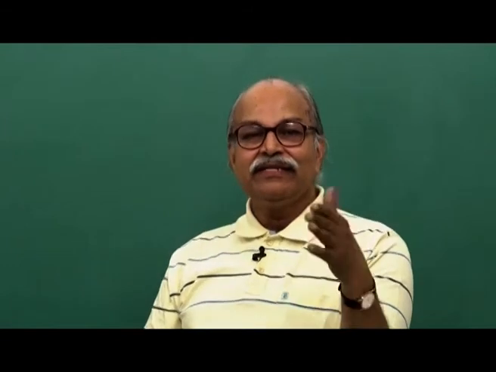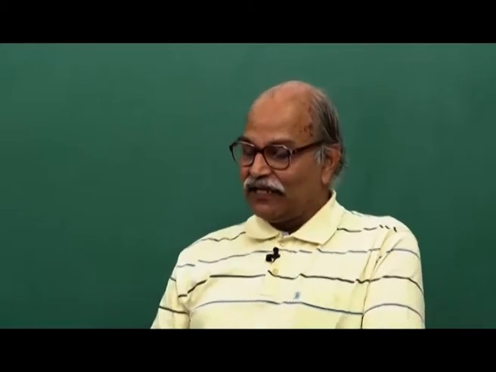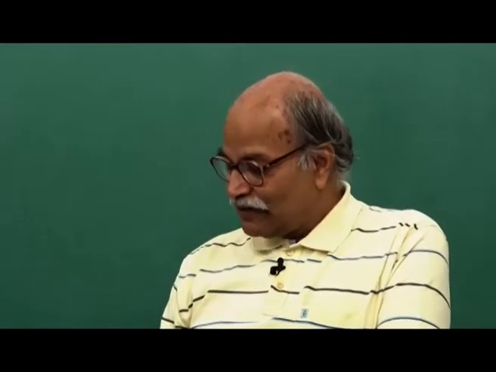So, in a transistor you have two PN junctions back to back, prepared on the same semiconductor base, so that you have a low resistance part and a high resistance part. This low resistance part is like the input circuit where you apply some voltage and create some current, and the high resistance part is the output part. So, this is how the basic transistor application works.